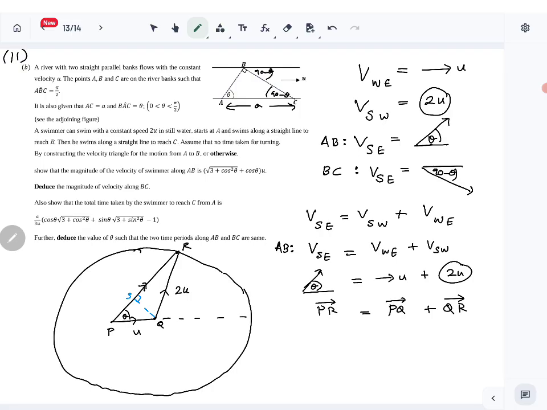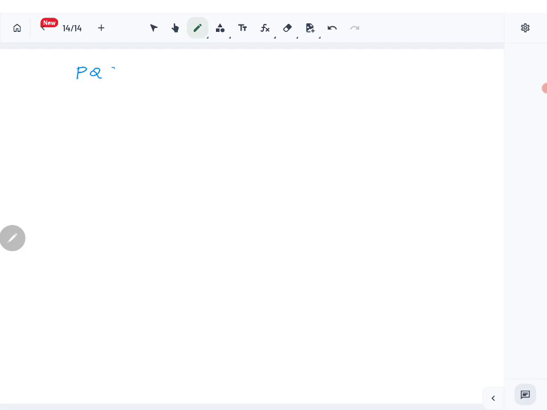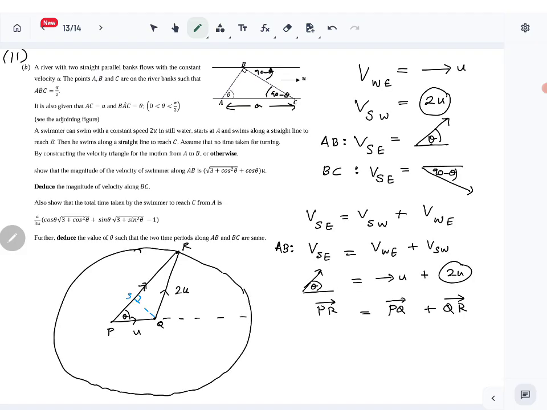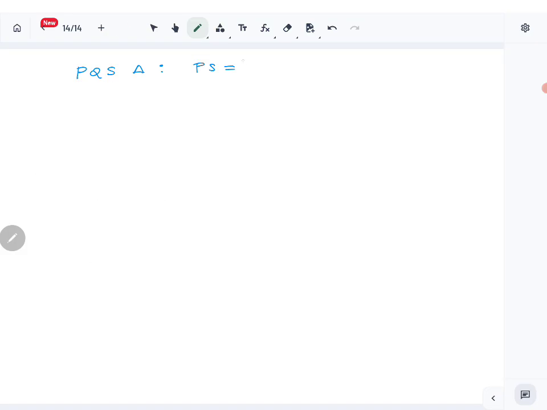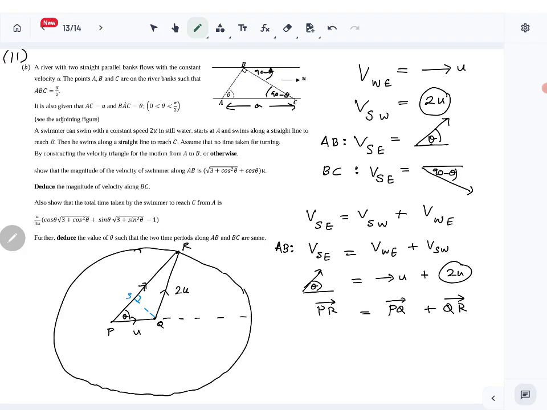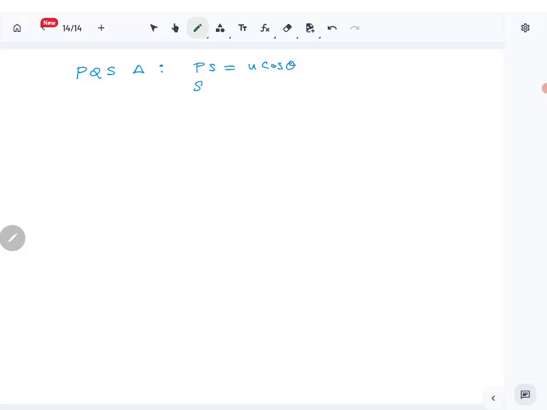PQS is a right angle triangle, so PS is u cos theta and SQ is u sin theta, right?